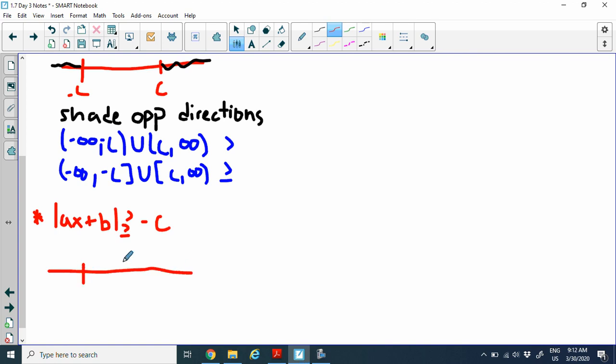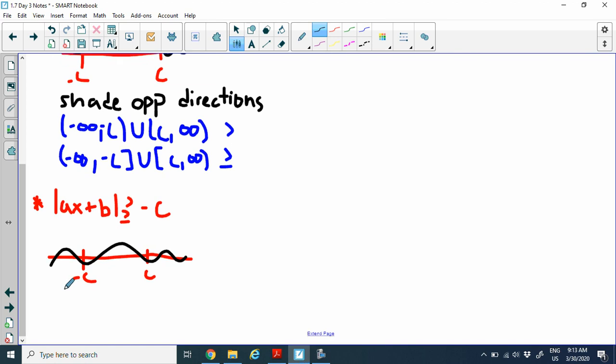Well, what happens here, so we have our negative c and c, and I'm just making these random values. It doesn't always have to be a negative and a positive. It could be, you know, two positive, two negatives, just depending. We shade everything. Or we shade basically the entire number line.